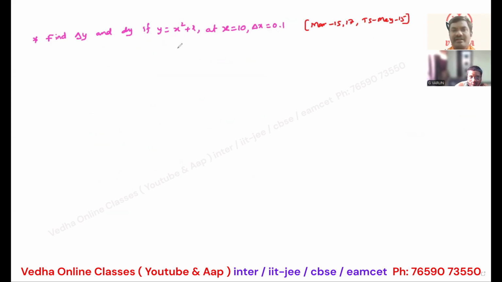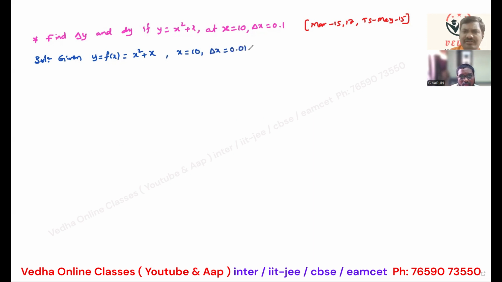Find delta y and dy if y is equal to x square plus x at x is equal to 10. Delta x is equal to 0.01. Okay. So in this, what is given? First write the given function. Given y is equals to f of x is equal to x square plus x, and x value is 10 and delta x value is 0.01.